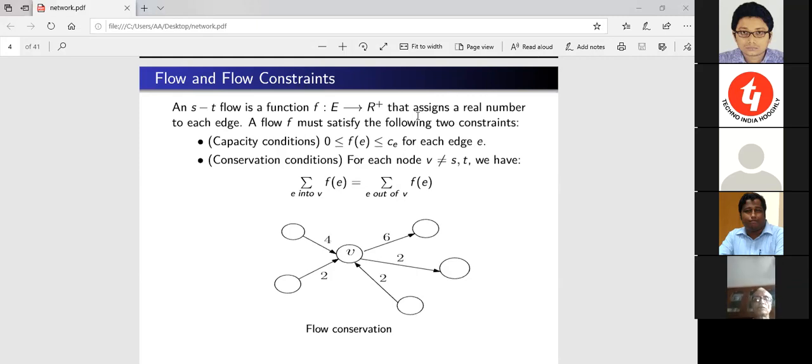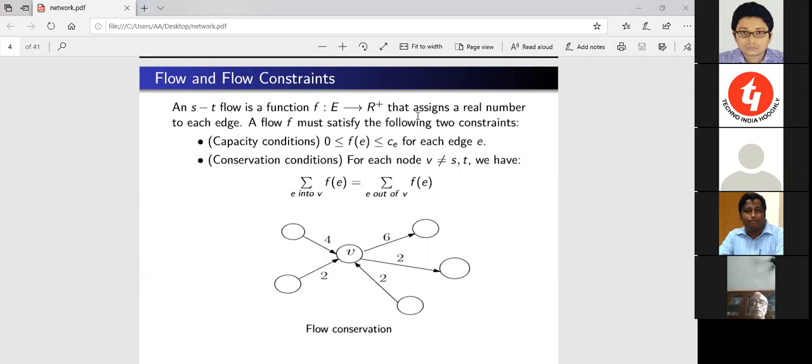For example, at this node V in the picture, the incoming capacity is 4 plus 2, 6, and the outgoing capacity is 6 plus 2 plus 2. So you can bring in 6 units, but you have the capacity to take out 10 units, but that doesn't help. A valid flow would have to bring in exactly as much.